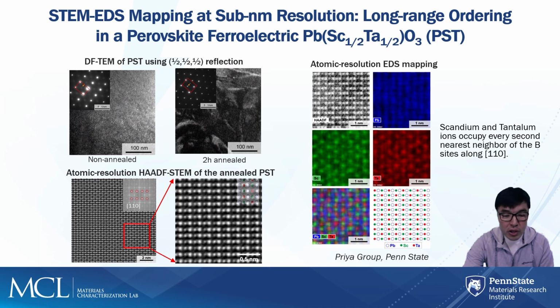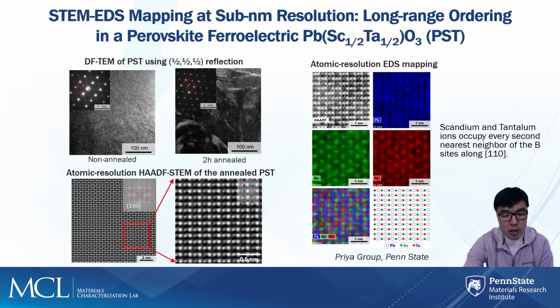The material here is PST ferroelectric material. By doing the traditional TEM bright field, dark field and diffraction pattern, we can know there is superstructure, or long-range ordering, in this material.